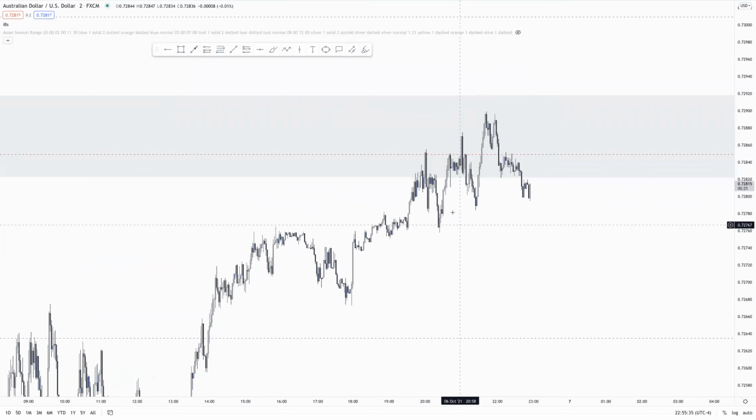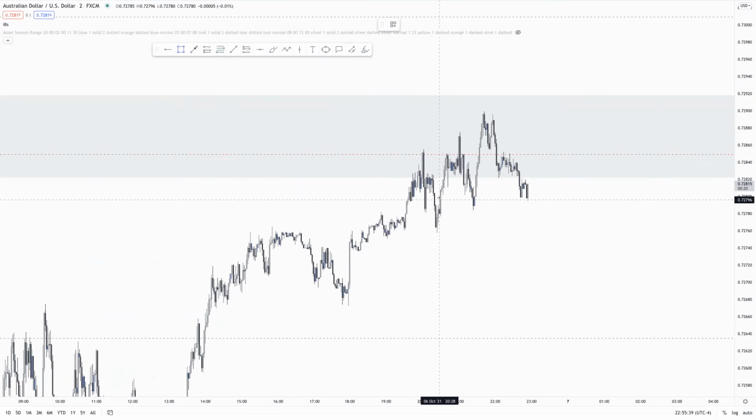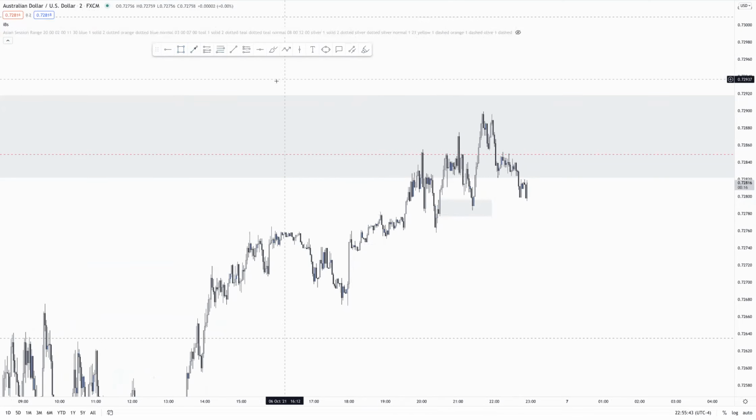Within here, from here to here, this was mitigated. So what the banks are doing is they're mitigating price like this. So they mitigate here, and now they're coming down to mitigate here, and it's a matter of this holding or not. But there's no demand here. There's no demand in here. It's all mitigated. There's demand down here.